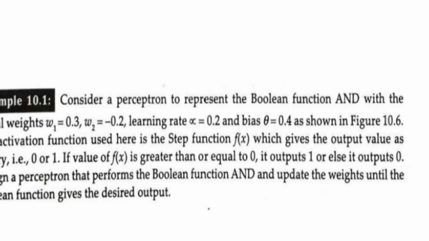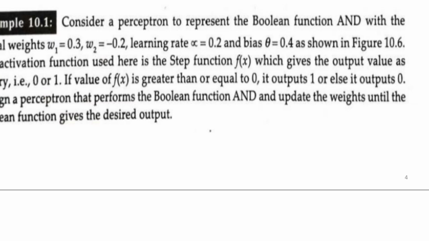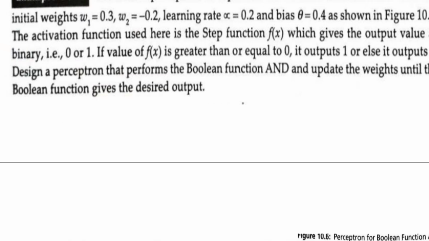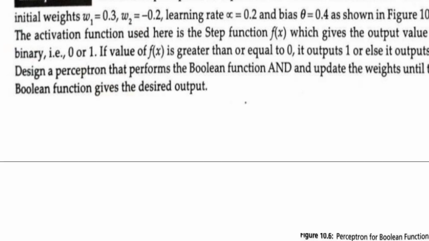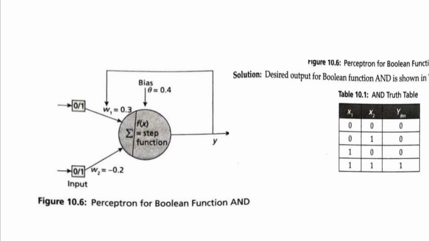We'll be using a step function as the activation function, which gives a binary output value of 0 or 1. If the value of f of x is greater than or equal to 0, the output is 1, otherwise it is 0. Design a perceptron that performs the Boolean AND operation and updates weights until the Boolean function gives the desired output.